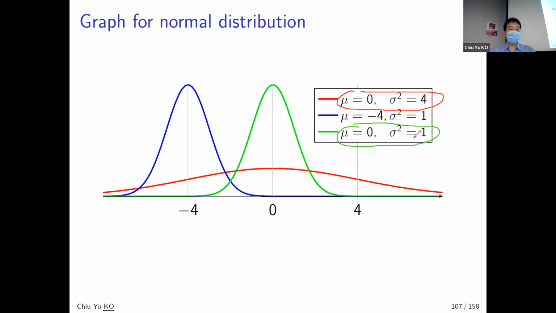The peak of the bell is located at 0, and for the normal, the peak of the bell is also the mean. So that's the first thing you know from this diagram.